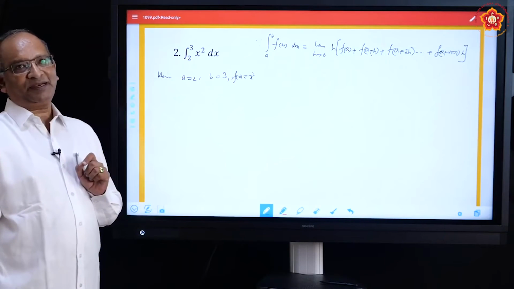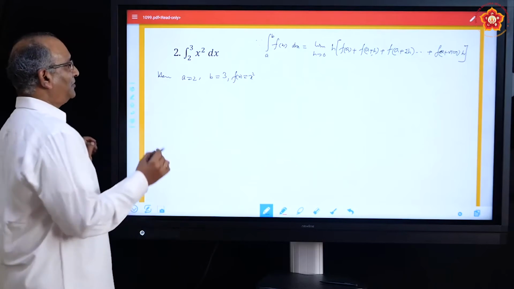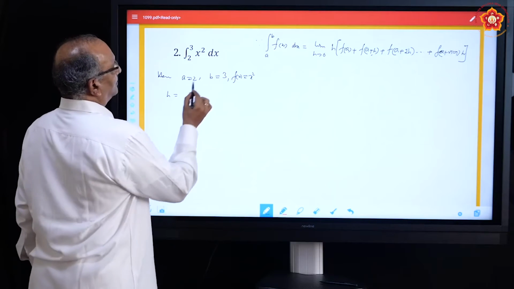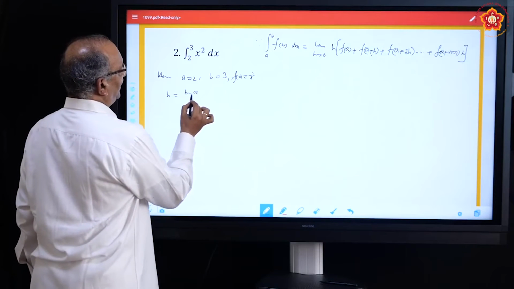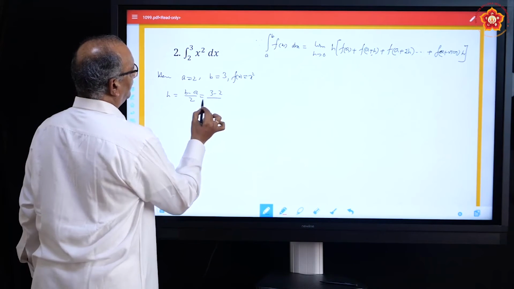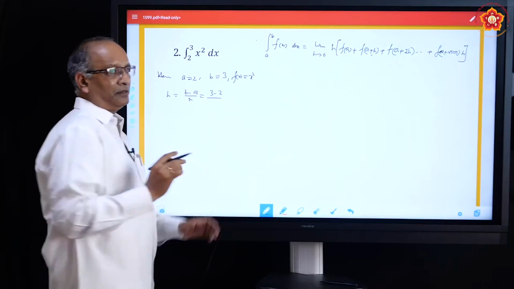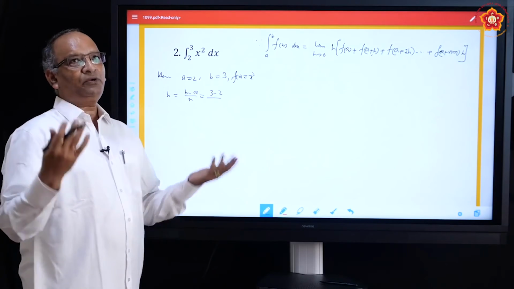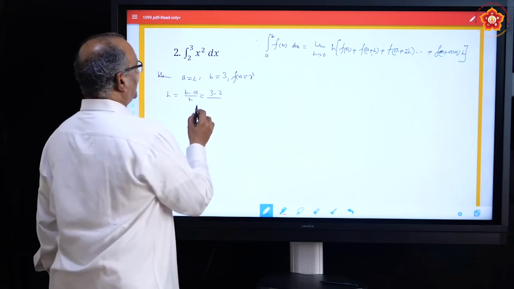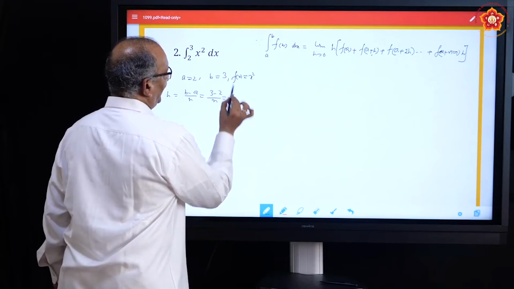What is the formula for h? h is b minus a by n. The interval is being divided into n parts, so the denominator is n, not 2. So it is 3 minus 2 by n, or in other terms it is 1 by n.